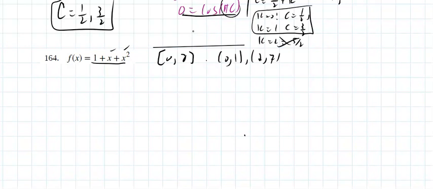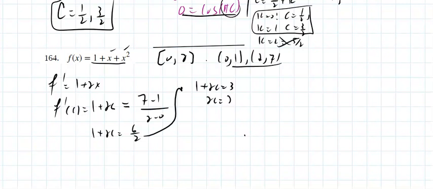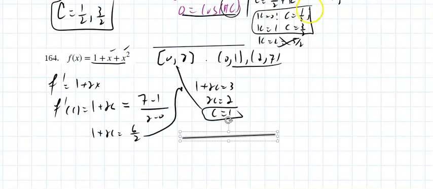And here, we want to take a derivative, which is 1 plus 2x, and we want to evaluate that at c, which is 1 plus 2c, and we're going to set that equal to the slope of the secant, y2 minus y1 over x2 minus x1. So 1 plus 2c will equal 6 over 2. 1 plus 2c will equal 3. 2c would equal 2. c would be 1. And 1 is in that interval. And that's where the slope of the tangent would equal the slope of the secant.